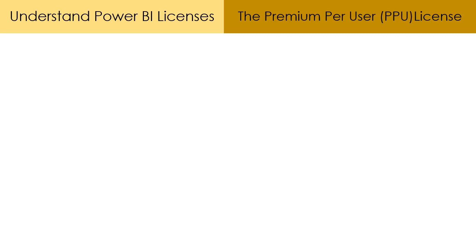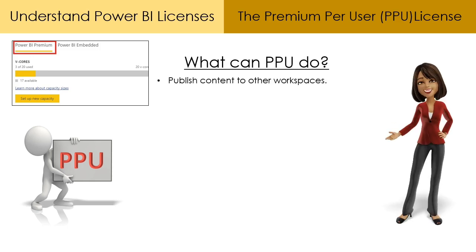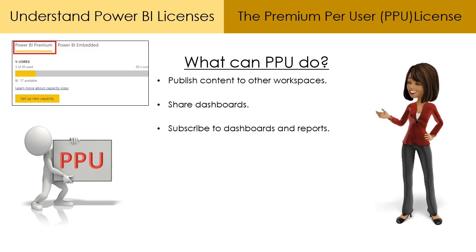The Power BI Premium per user license. Users with the Power BI Premium per user license, also called the PPU license, have the greatest amount of capabilities. With the PPU license, users can publish content to other workspaces, share dashboards, and subscribe to dashboards and reports.